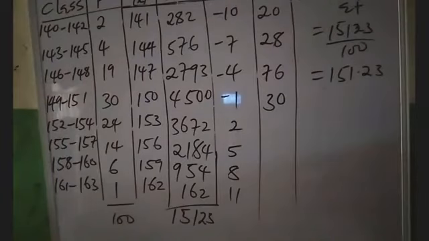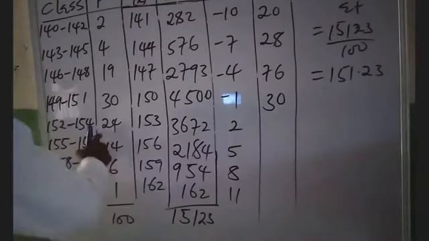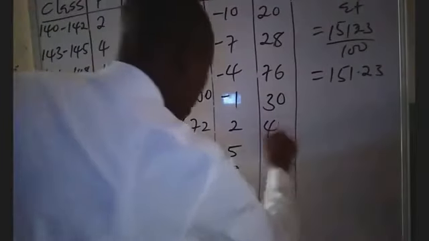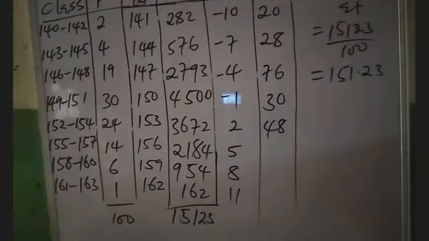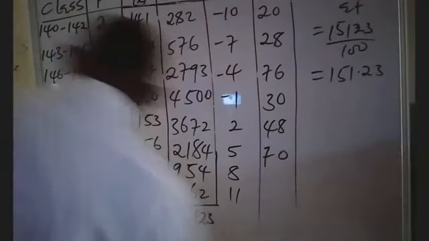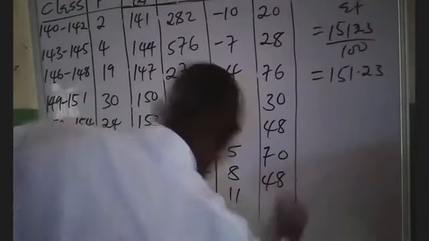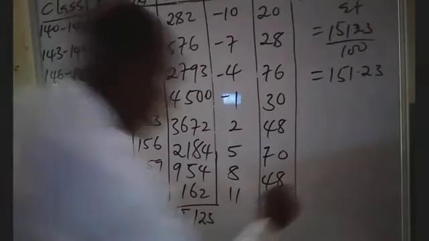Then 24 times 2 is 48. Then we have 5 times 14 is 70. Then we have 8 times 6 is 48. Then 1 times 11 is 11.